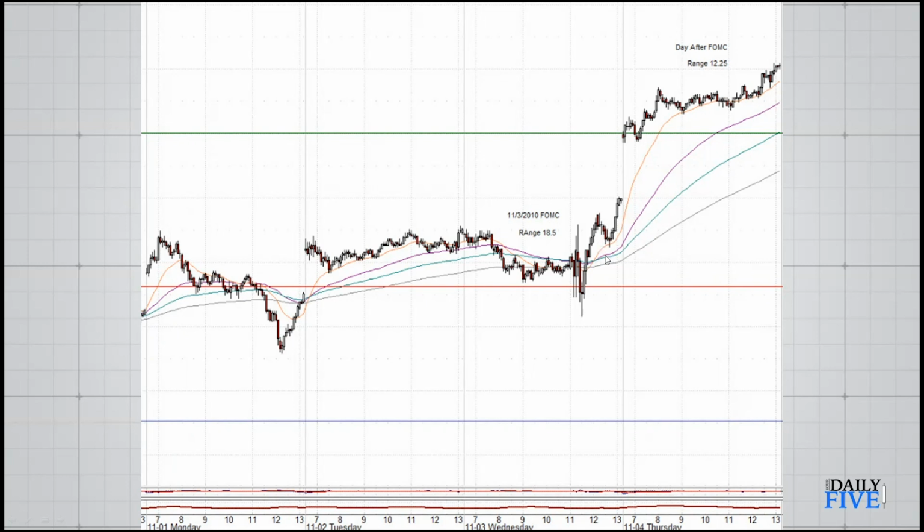So that can be a variation that traders should be aware of. And then we have the gap up open the next day and an upward trending move. So again, this was 10 years ago and very, very similar characteristics.